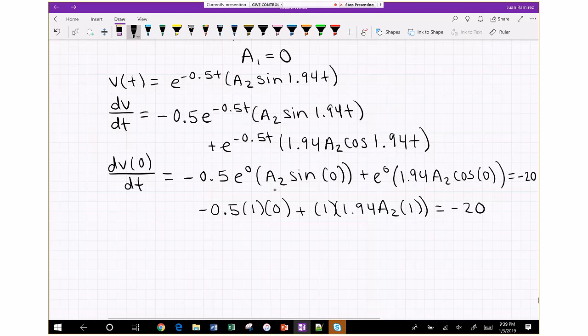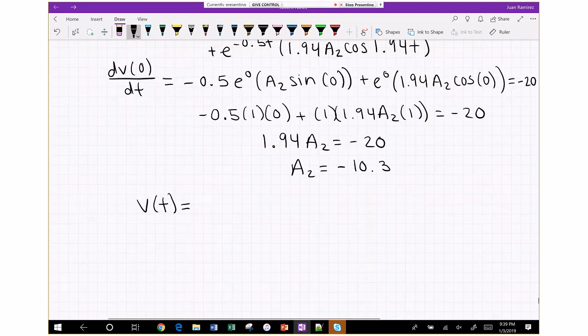Okay, so this first term goes to 0, and we're left with 1.94A2 equal to negative 20. And we solve for A2, it gives us negative 10.3. And now we have everything we need to substitute into our voltage equation.